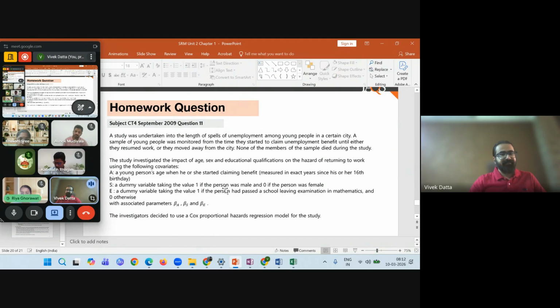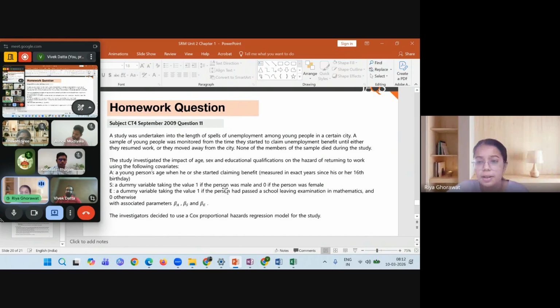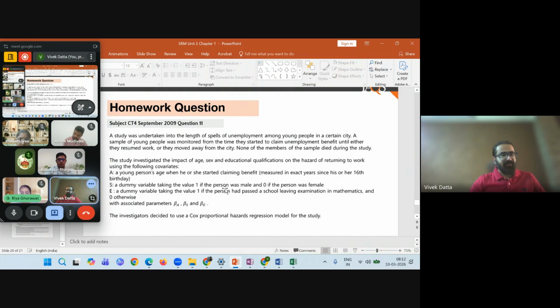I give you both the options, you have to tell me which one. Is the hazard of resuming work for males higher or lower?